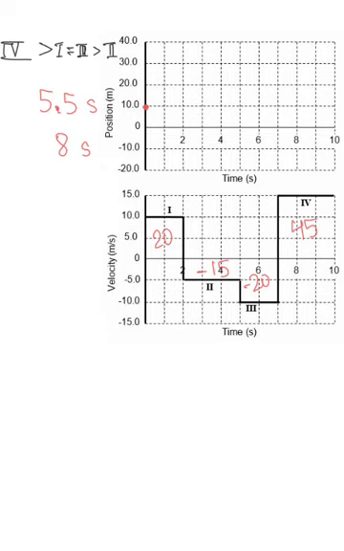So starting from that initial 10 meters, we're going to first go up by 20 over the first 2 seconds. So that'll go from 10 to 30. So I'll put a dot at 30 at the 2-second mark, and I'll connect those 2 points. That's the first part of the graph.